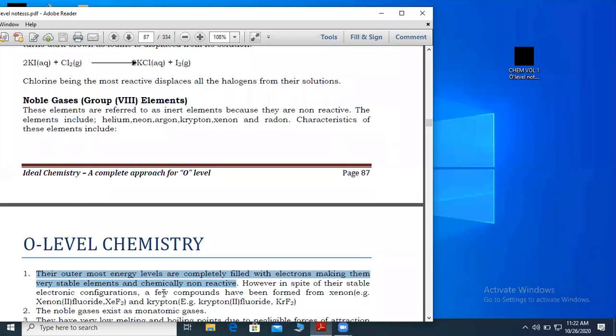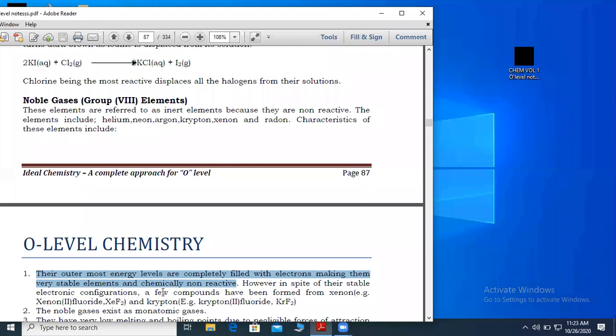Which group 8 element is used in light bulbs? These bulbs that provide light. I think you have ever noticed that when you accidentally drop a bulb or you hit it, the way it breaks, there is something like bursting, and you see some white gas.